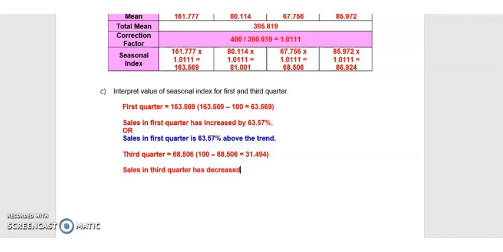Sales has decreased by 31.49%. Or we also can interpret it as sales in third quarter is 31.49% below the trend. Below, because less than 100%. That's how we interpret value of seasonal index.